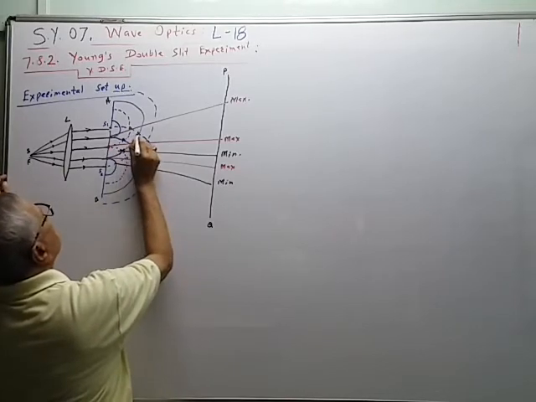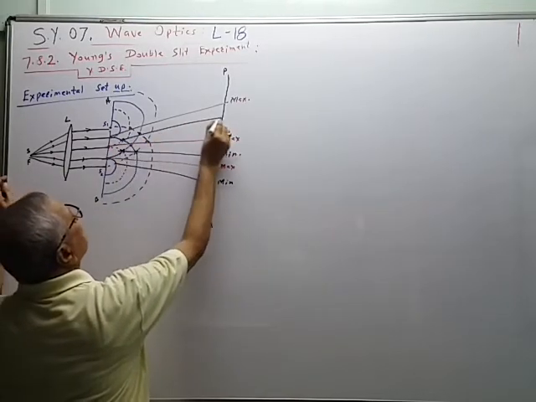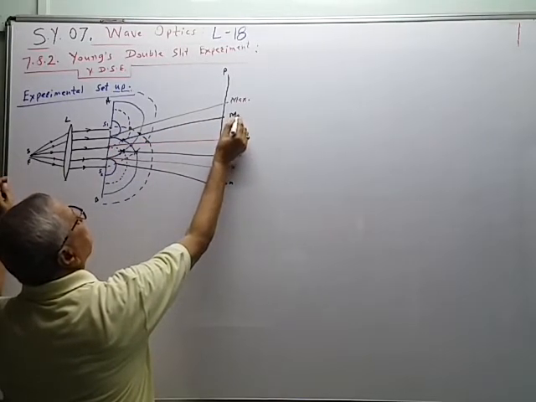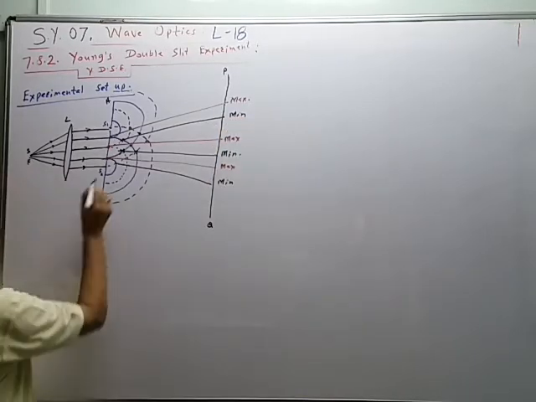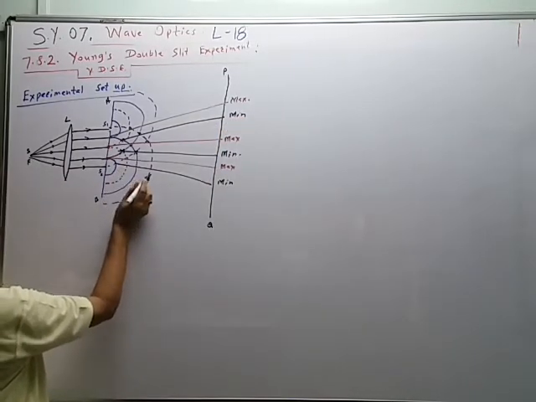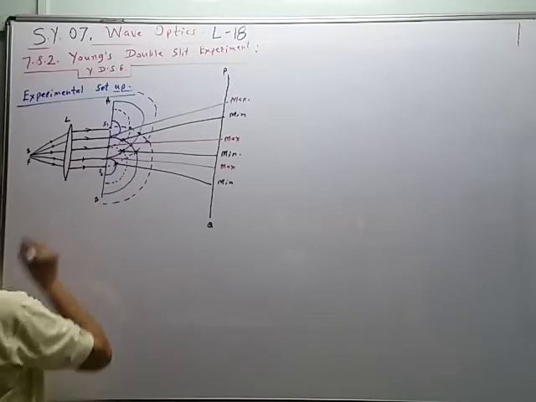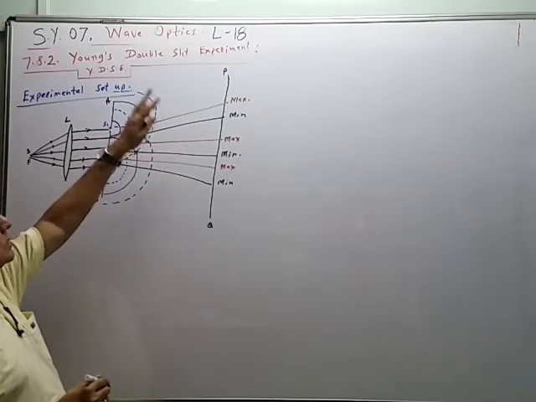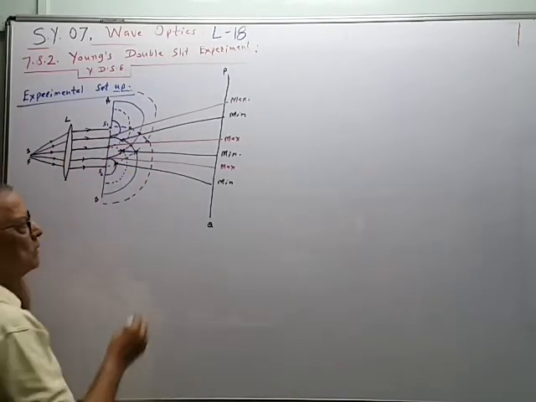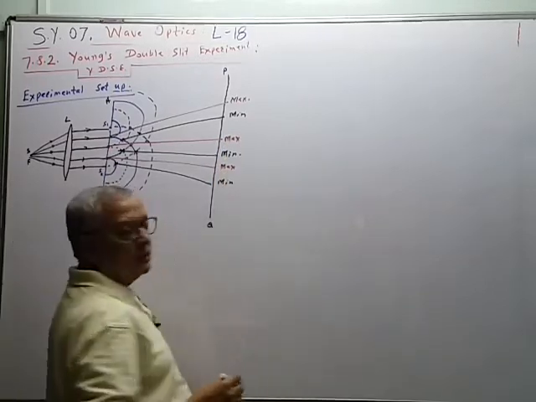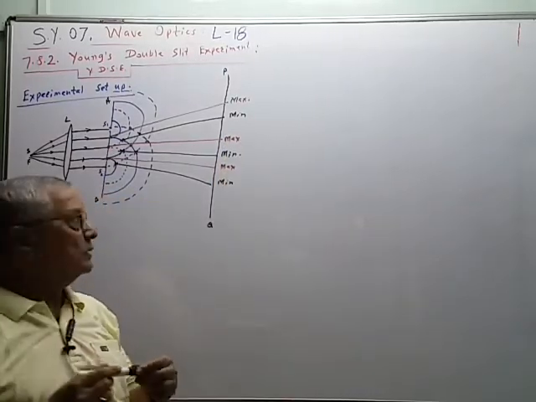This is destructive interference, point of destructive interference, minima, like this. So this is the interference pattern. So maximum means bright band, dark band, like this.